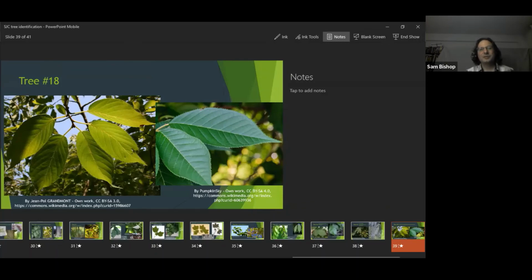And usually with that, if you look at the ends of the leaf, notice how long and drawn out the tip of that leaf is. And these are Japanese flowering cherry, or Prunus serrulata. There's a couple different versions and varieties of these, but that gets very technical if you want to break it down super fine into which is which.